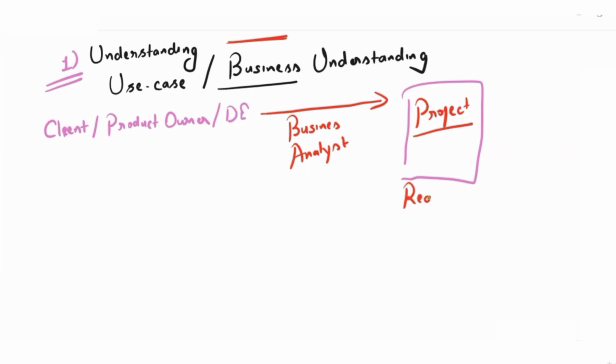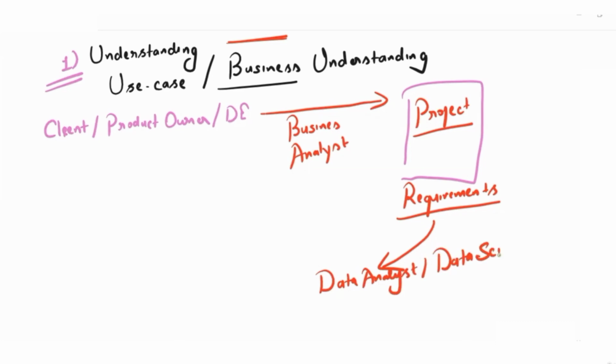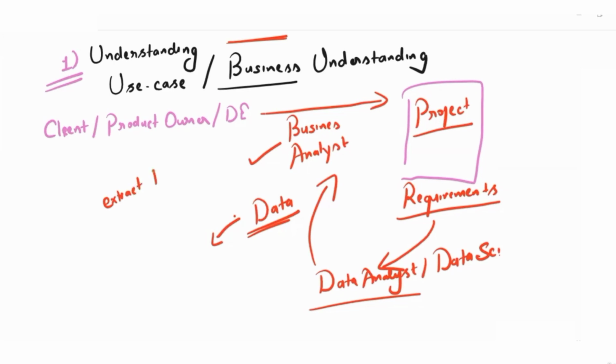As soon as they have mentioned all the requirements that they need, they send all these requirements to someone known as a data analyst, or oftentimes to a data scientist. Then the data analyst talks with the business analyst and they decide from where they can collect the data, because at the end of the day, they have to collect this data so that they can perform various analyses. The data analyst can ask questions like, from where can we extract this data?